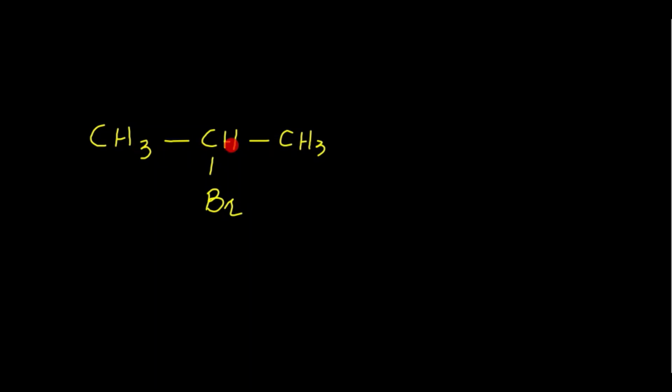That's why this carbon is secondary carbon. Since this carbon is secondary carbon, the nature of the alkyl halide is secondary alkyl halide. So here we write the nature of the alkyl halide: this is secondary alkyl halide.